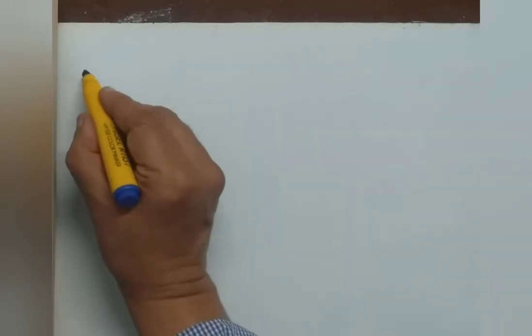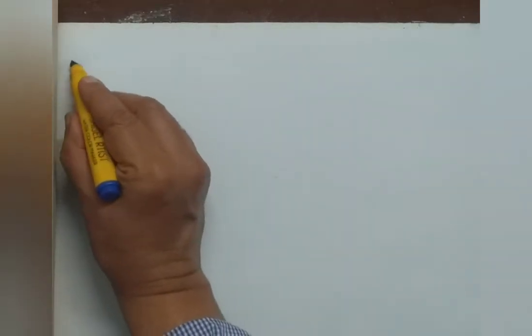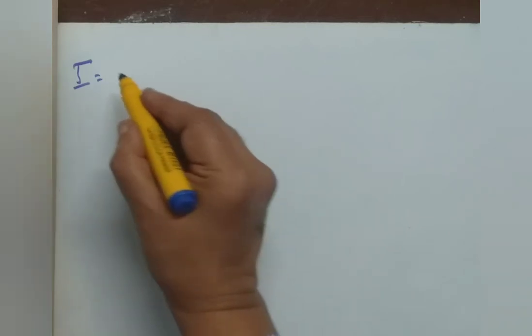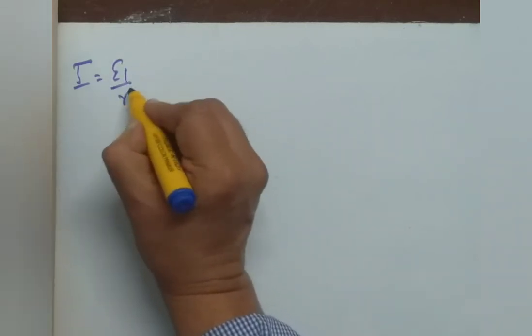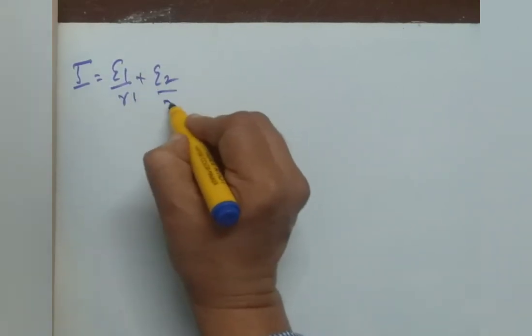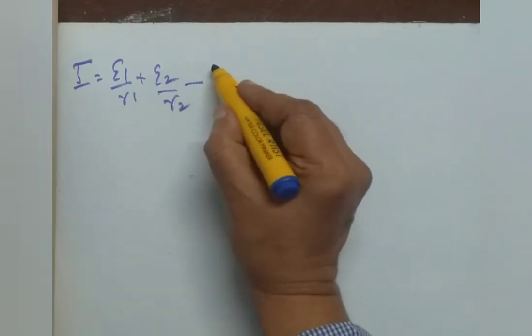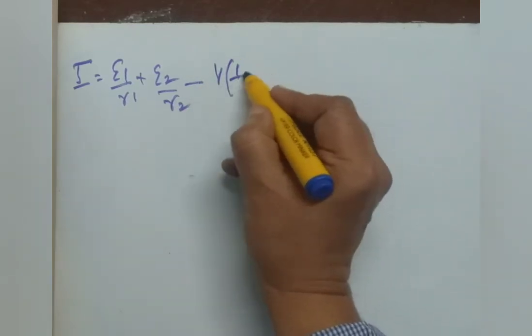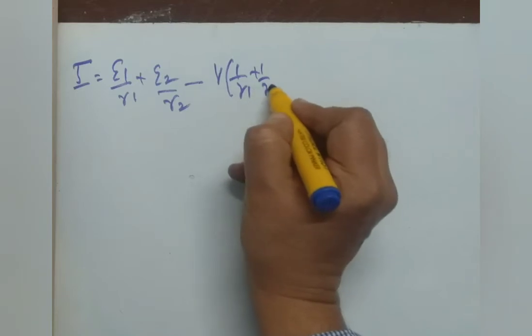Say, first of all, I write first equation, I equals E1 by R1 plus E2 by R2 minus V into 1 by R1 plus 1 by R2.